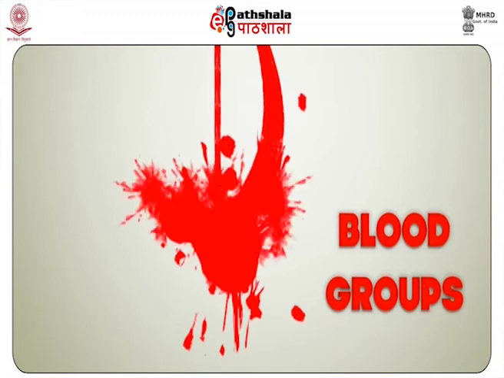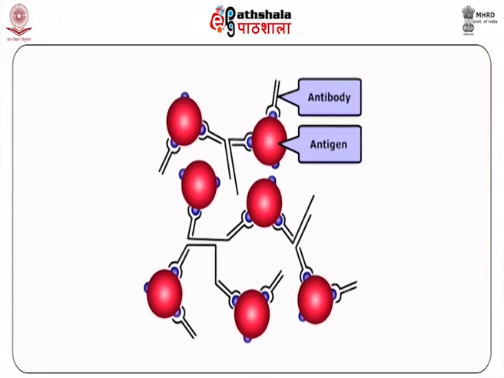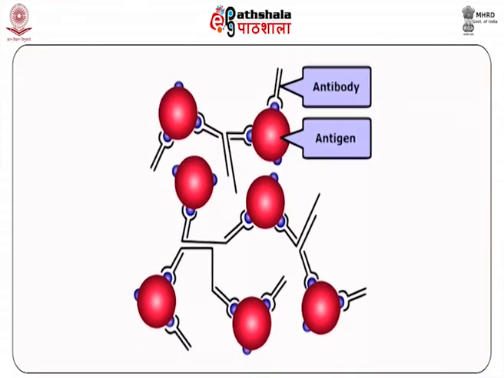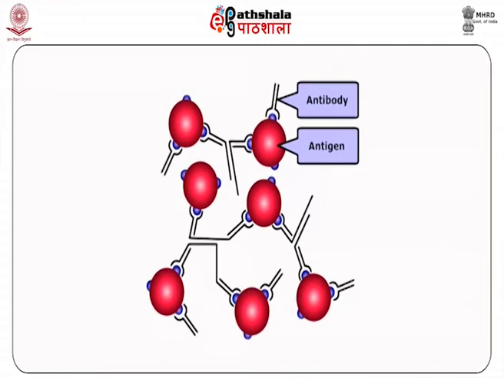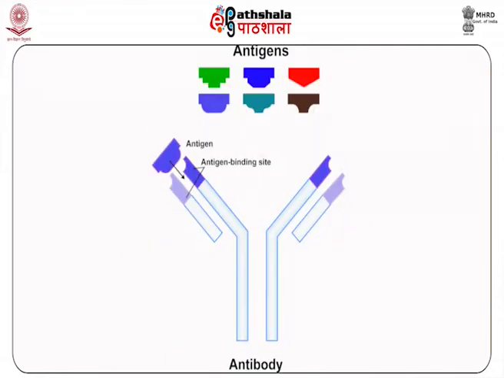Blood groups. Red blood cells possess molecules called antigens on their surface. In addition, antibodies are also present in blood that recognize their corresponding antigens. If a wrong antigen is introduced in the body, it will be recognized as a foreign molecule by the antibodies present in the body.